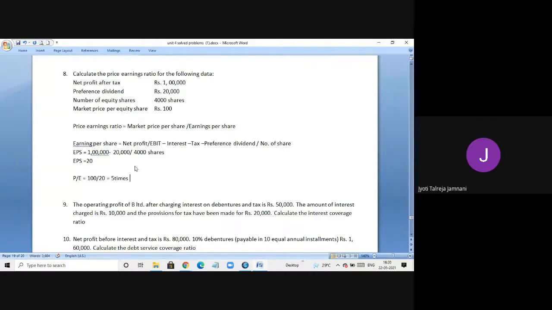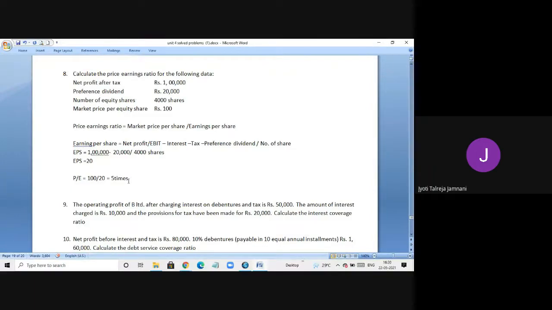That means if you are earning 20 rupees, your market price will be 5 times higher than that. That is 100 rupees. If you are earning 10 rupees, your market price will be 5 times higher of that. That means 10 into 5, 50 rupees. If you are earning 30 rupees, market price will be 30 into 5, 150 rupees. So this PE ratio tells you how many times higher will be your market price if you know your EPS.